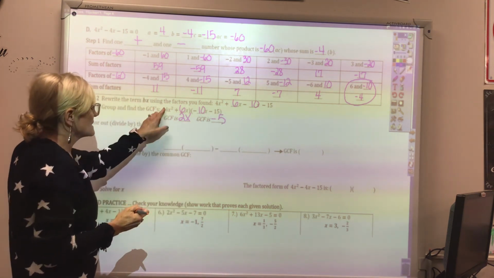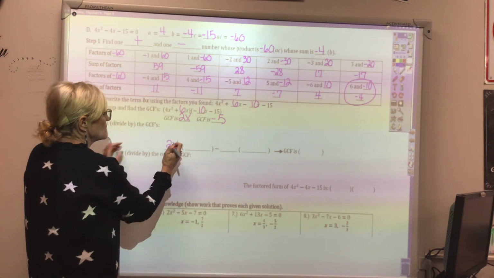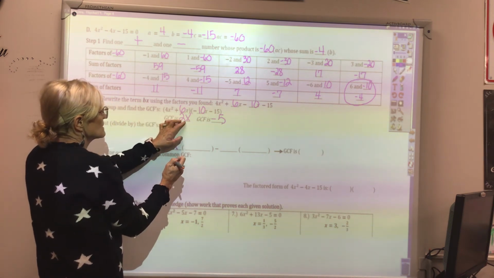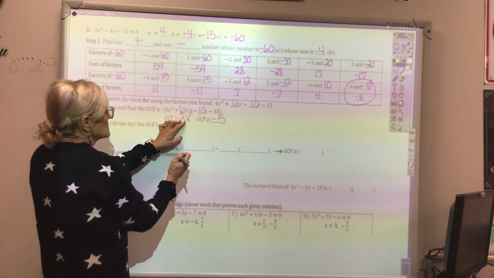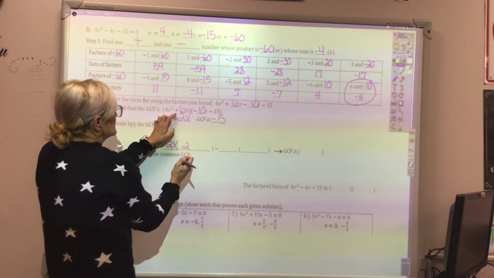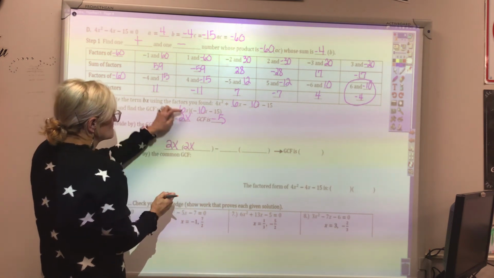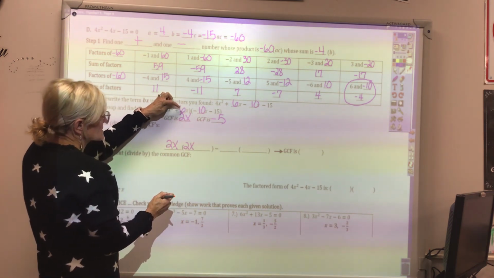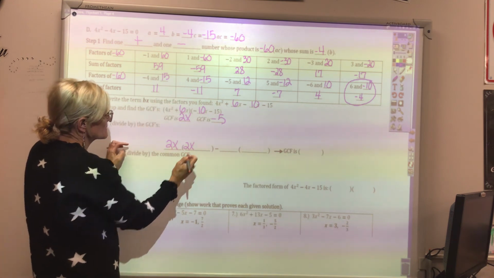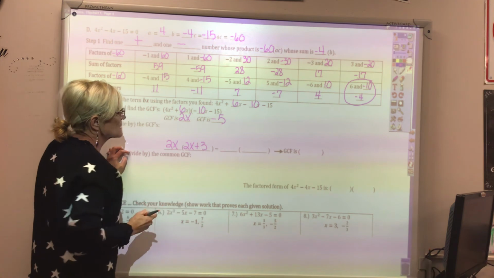So here we divide by the greatest common factor. 4x squared divided by 2x would be, 4 divided by 2 would be 2. X squared divided by x would be x. 6x divided by 2x, 6 divided by 2 would be a positive 3, and the x's will cancel.